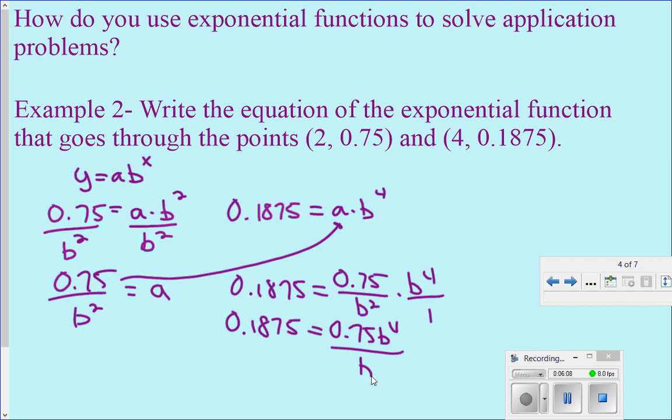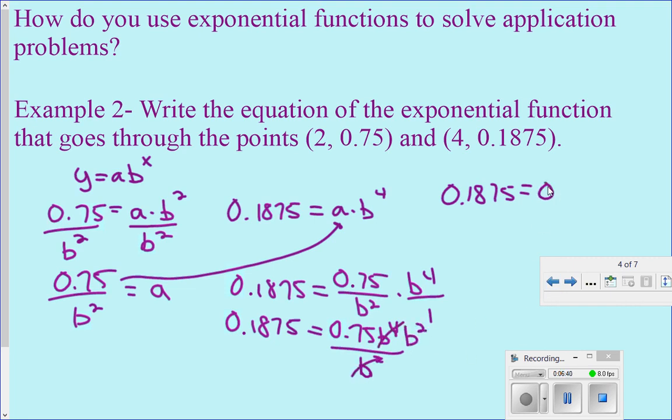Hopefully you can see now why it's going to be a little bit easier since we solved for the one with the smaller exponent, because now we're dividing b to the fourth by b squared, just a little bit easier because we still have the variable in the numerator rather than in the denominator. So we have 0.1875 is equal to b to the fourth over b squared, which is b squared.